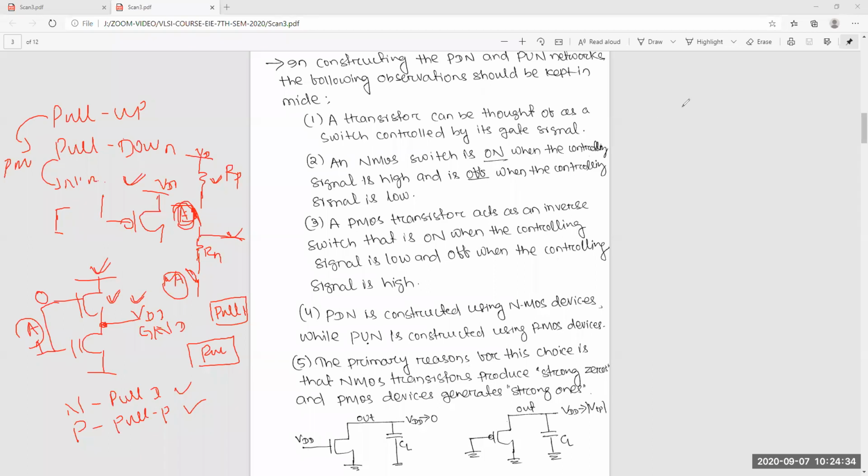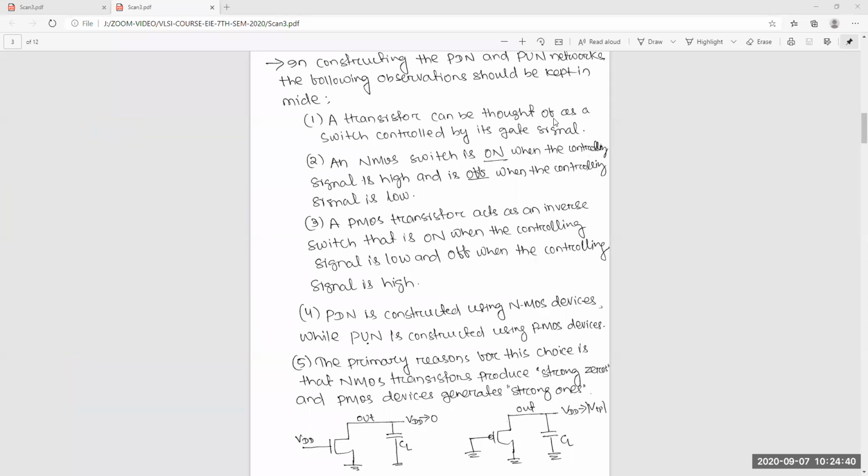No, I'm not getting it. If we change the PMOS to NMOS or NMOS to PMOS, it will not invert the input.